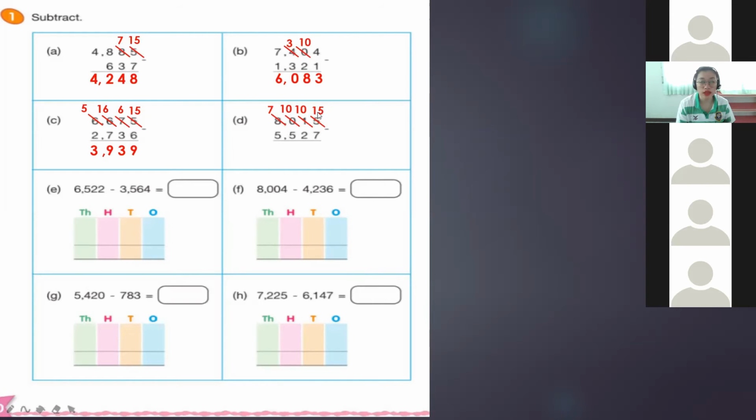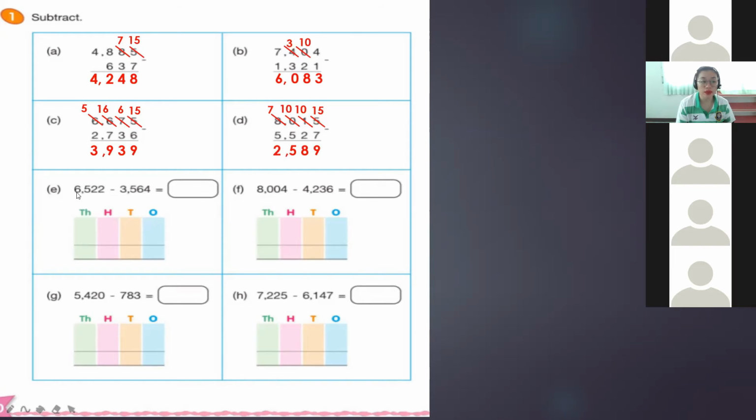So the answer here, let's subtract. 15 minus 7 is 8. 10 minus 8 is 2. 10 minus 5 is 5. And 7 minus 2 is 5. Okay, so the answer in letter D is 2,589. Okay, next, let's proceed to letter E.